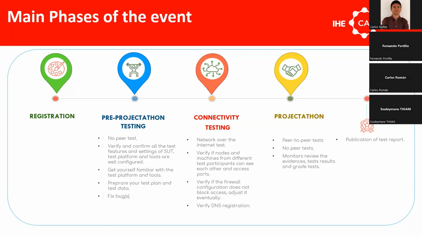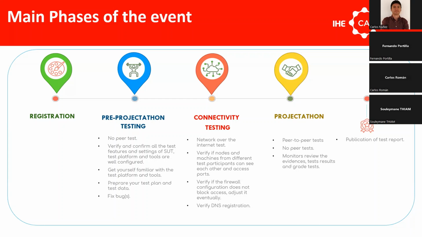For example, you are testing, you implement MHD, you are acting as a client. Gazelle will tell you, okay, I know another country, they are testing the same profile, the same transaction, and they are acting as a server. Just an example. It's the same for IPS, the same for DDCC and other profiles. So Gazelle will provide you your possible partner, and you will be able to execute your test with your partner.